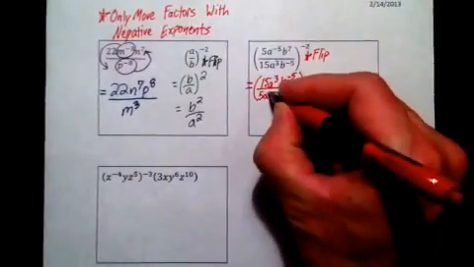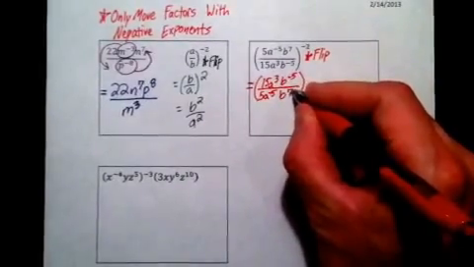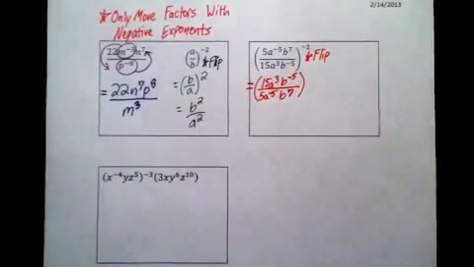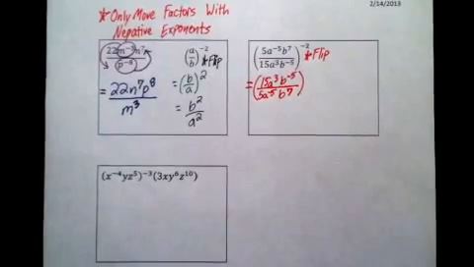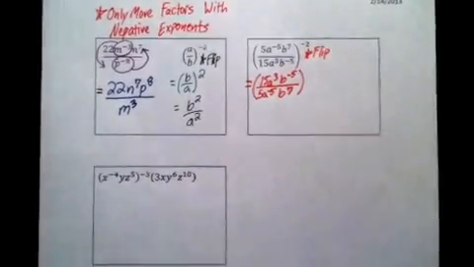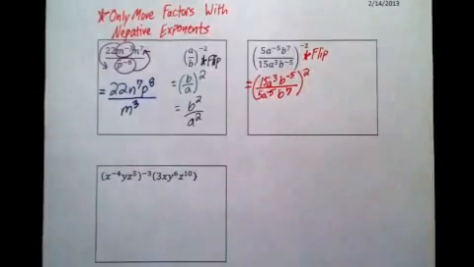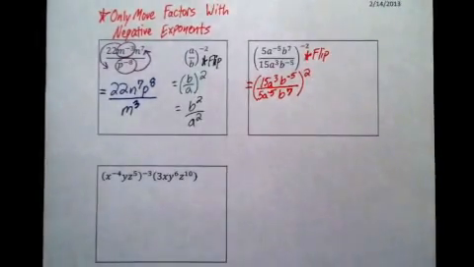Then 5a to the negative 5, and b to the 7th. So then from here, now that we flipped it, we want to take it to the power of 2, positive power.